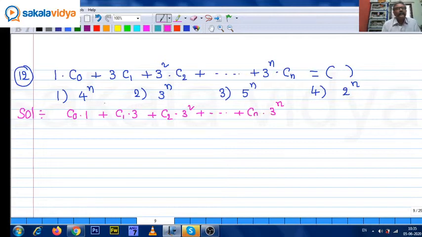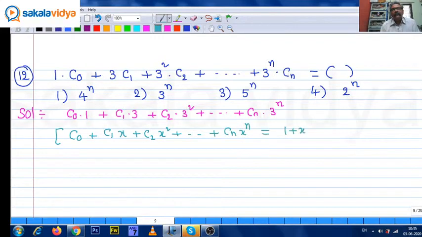It is in this form: C0 plus C1 x plus C2 x square and so on, Cn x to the power of n. This is nothing but the expansion of (1 plus x) whole to the power of n.